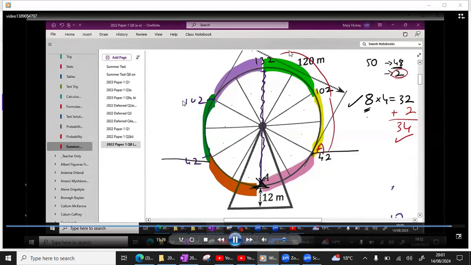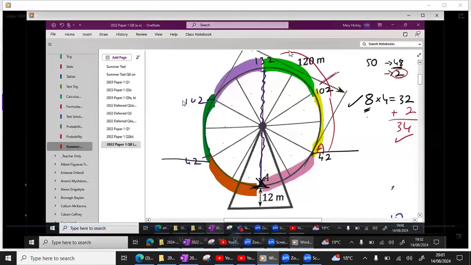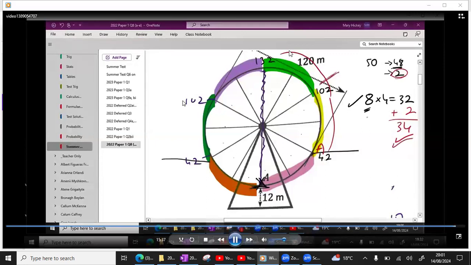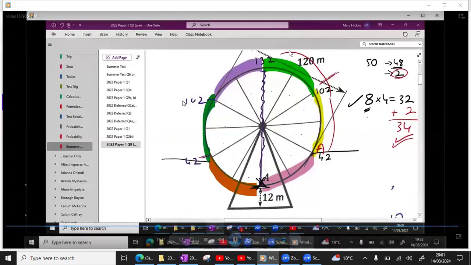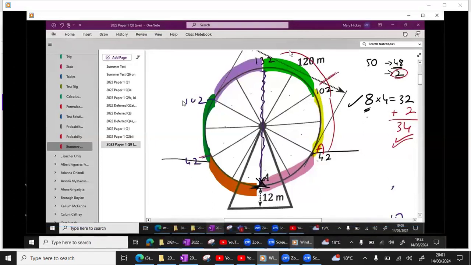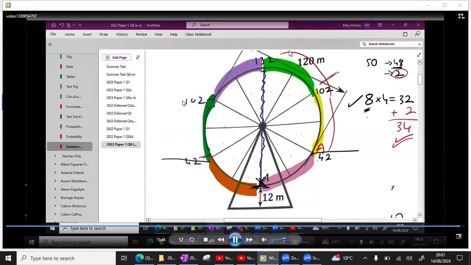If you started between the yellow and the green, the next 2 minutes would be the green and the purple. That would still be 34. If you started over here, you would have no extra minutes, because the orange and the pink in the remaining 2 minutes would be under 42. So you could say 32 is one option, 33 and 34, but 34 is the greatest.